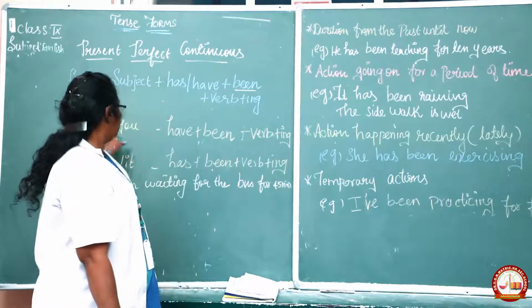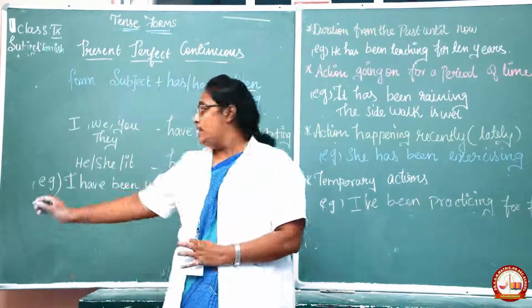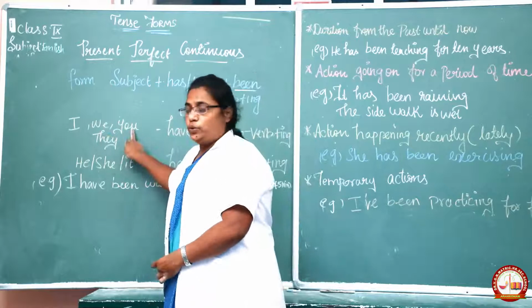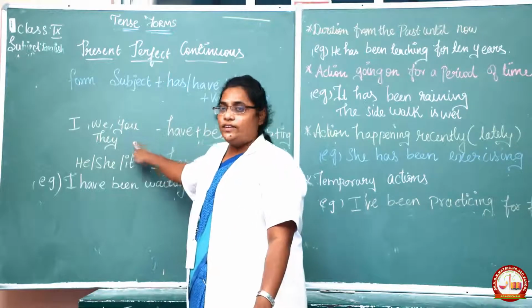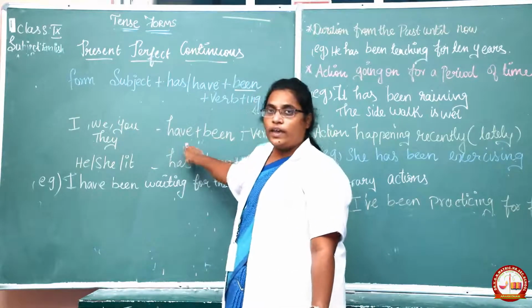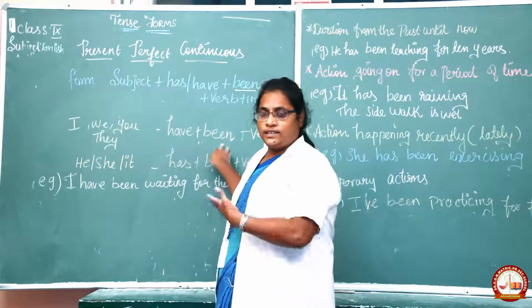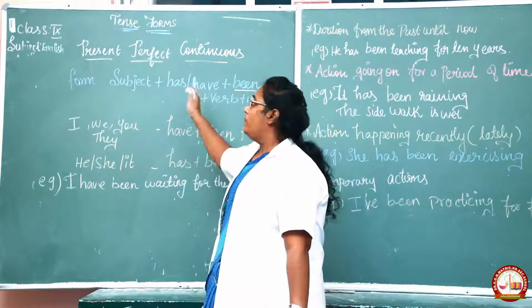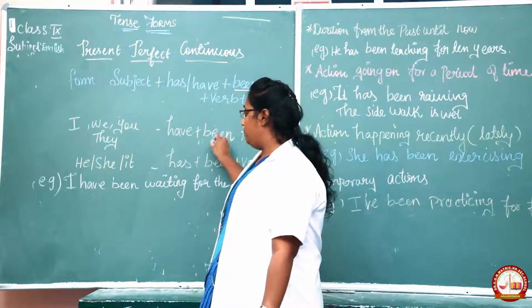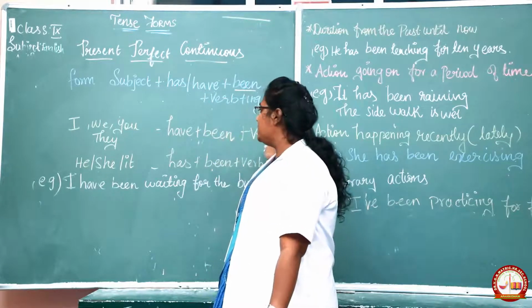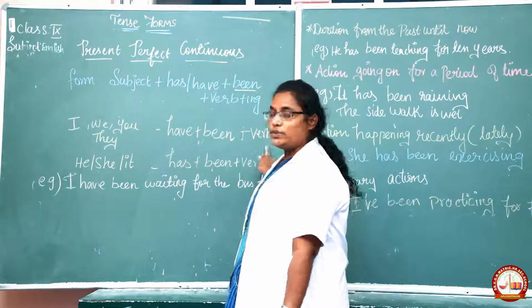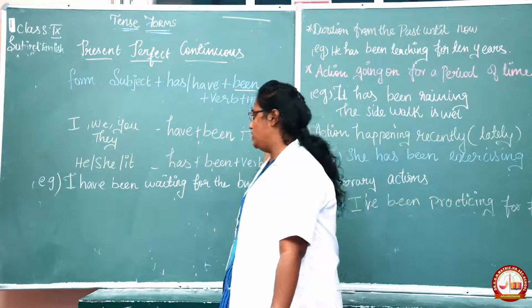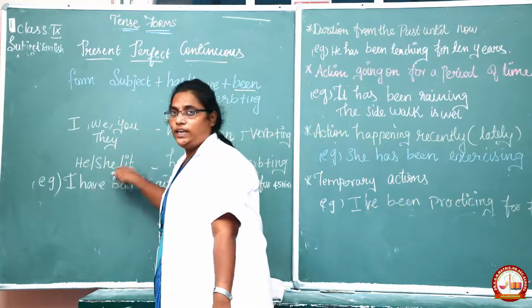Here you can see I, we, you, they. For that we have to use have, plus been, plus verb plus ing, because the tense we are seeing is present perfect continuous. Next, he, she, it.